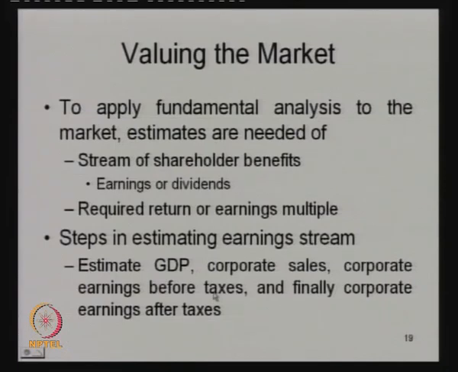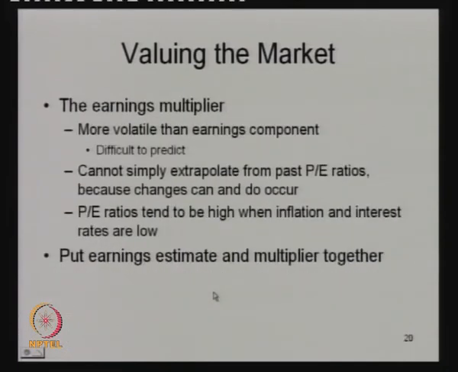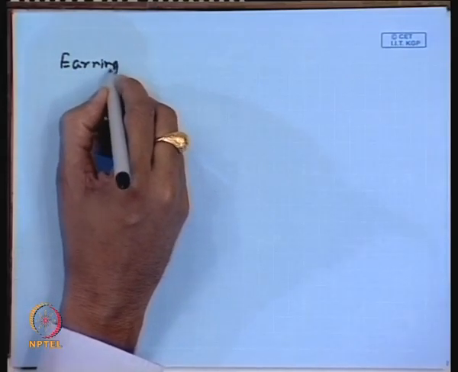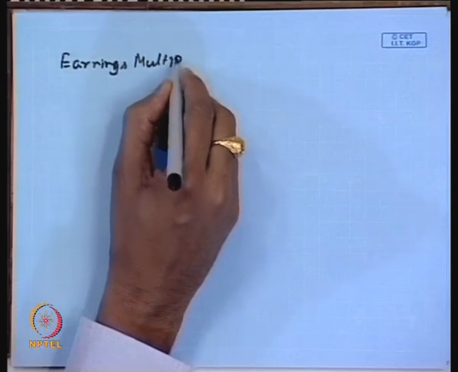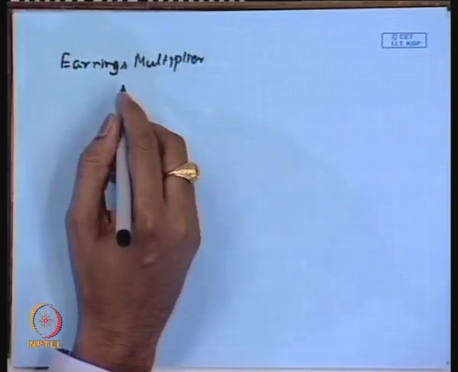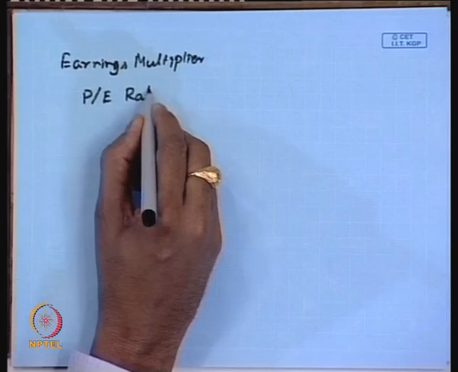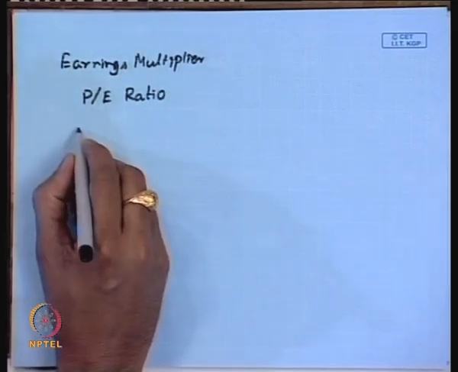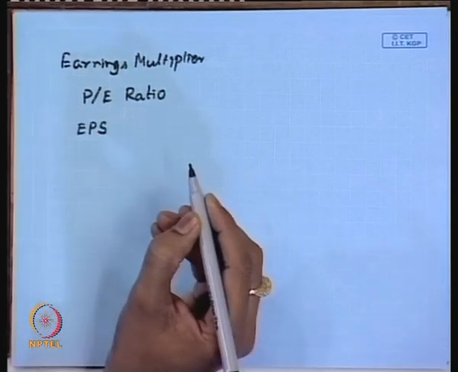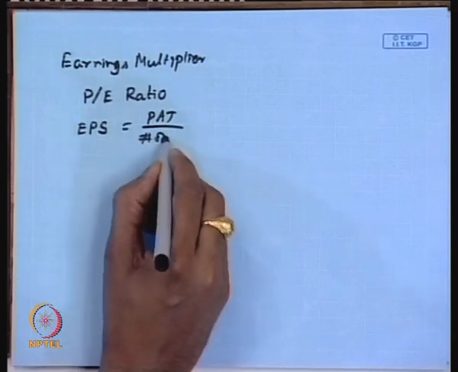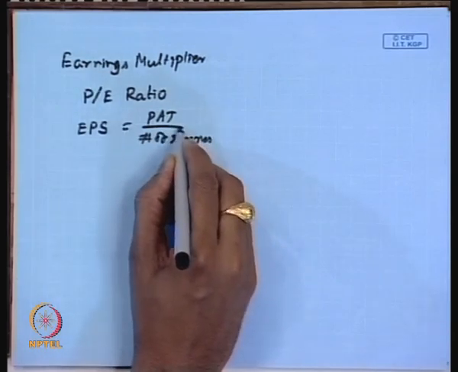Then we have other models, like the dividend model. We also have something called the earnings multiplier, the celebrated multiplier, which we discussed in valuation of securities applying relative valuation. We have a celebrated model like the price to earnings ratio. If EPS has been estimated, EPS is nothing but profit after tax divided by the number of shares.